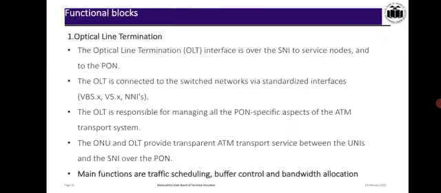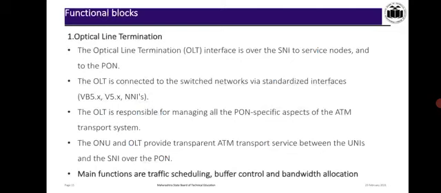Moving towards the functional blocks of the FTTH. As we already discussed, there are three important blocks. The first one is the optical line termination. It is connected to the SNI, to service nodes, and to the PON, that is the passive optical network. Here various standard interfaces are used, like the V5.x network interface.